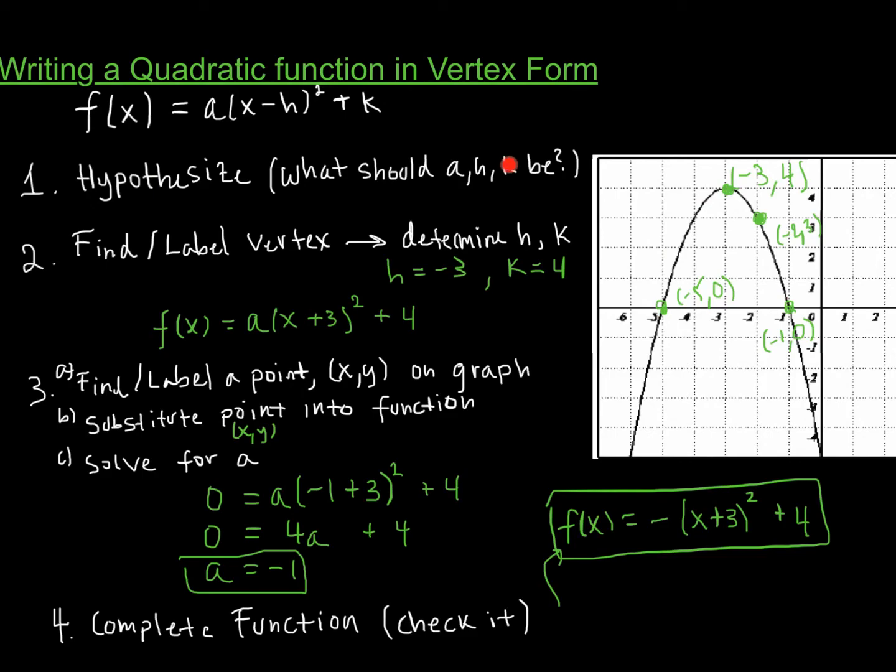I said that my h and k values should be the values of my vertex, my coordinate points for my vertex. I had -3 and 4, and certainly that's what I got. And so this all makes sense. And if I wanted to further check, I could construct a graph either on my calculator or Wolfram Alpha, and I would see that I get exactly what I have graphed here.